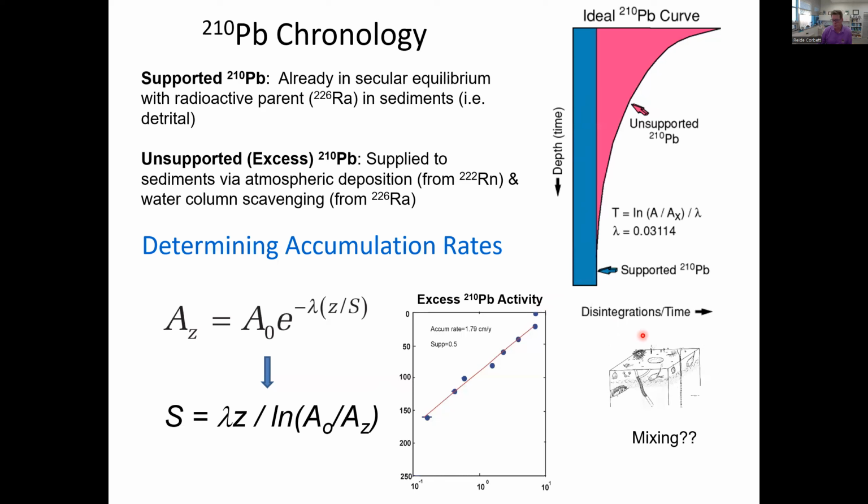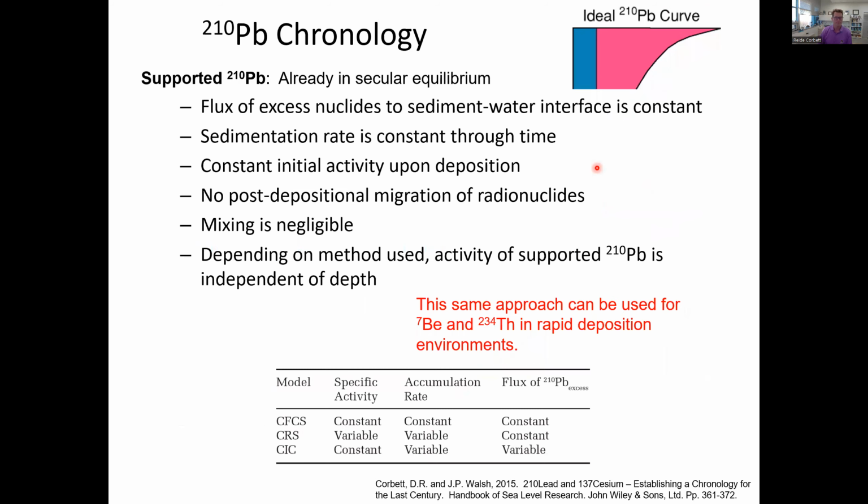You need to be able to state whether mixing is important or not before you model these sediments with the assumption that only accumulation is what's important in that particular core, because mixing can play a role in creating a curve like this for lead-210 or other radionuclides.